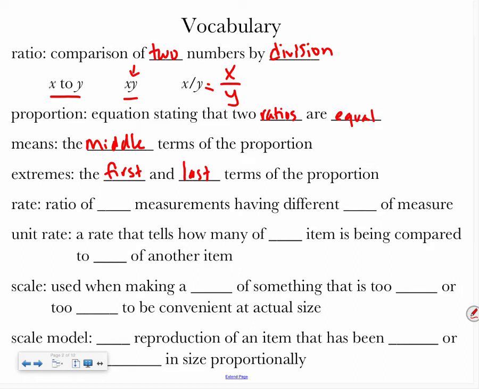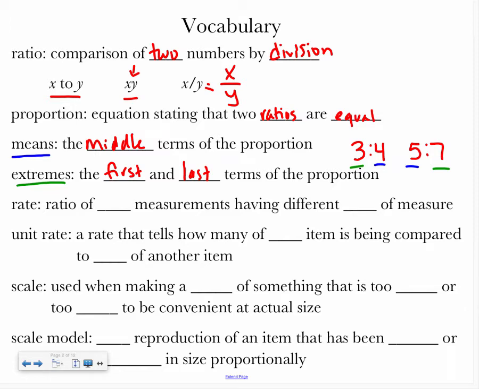So if I say 3 to 4 and let's do 5 to 7, my means would be the middle terms, and my extremes would be the first and last.